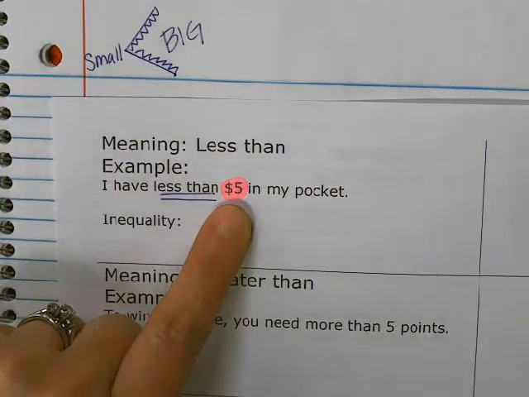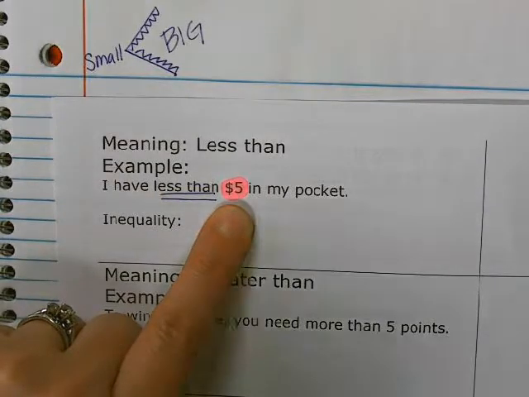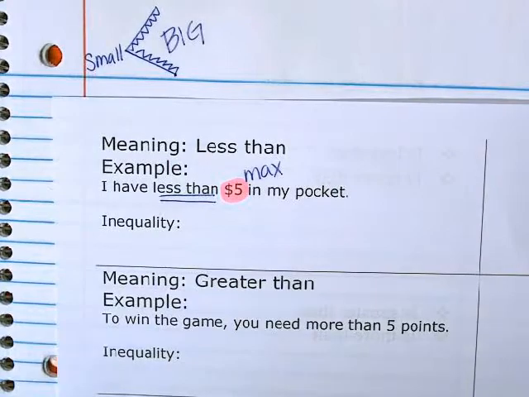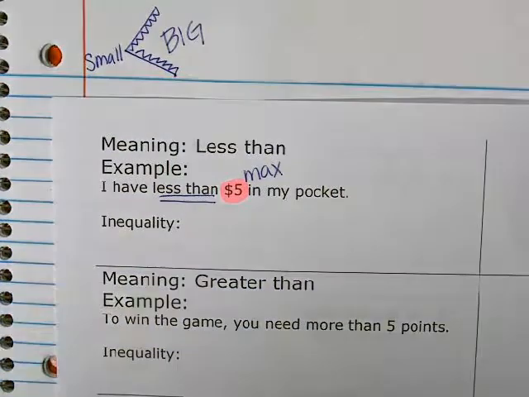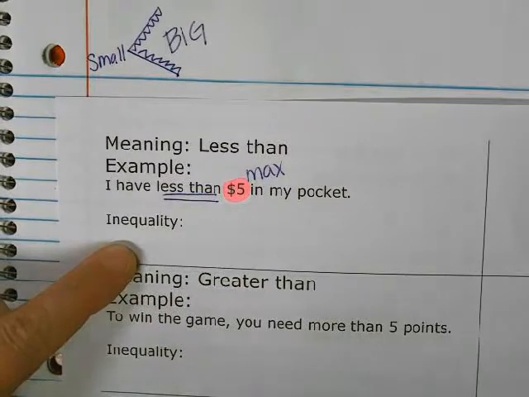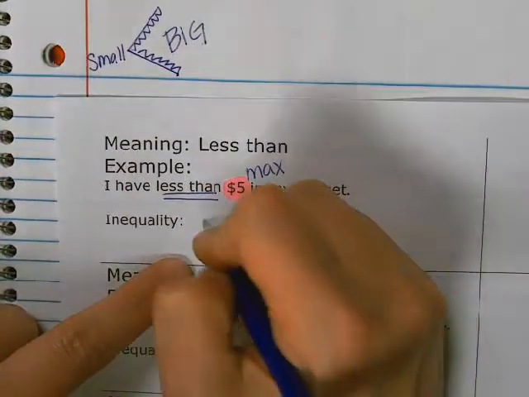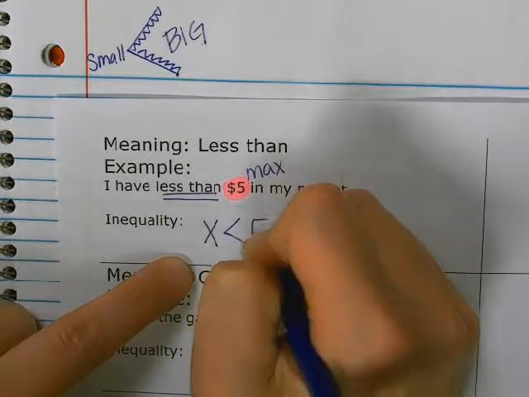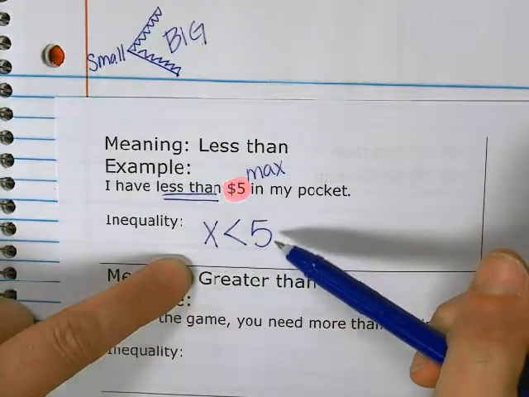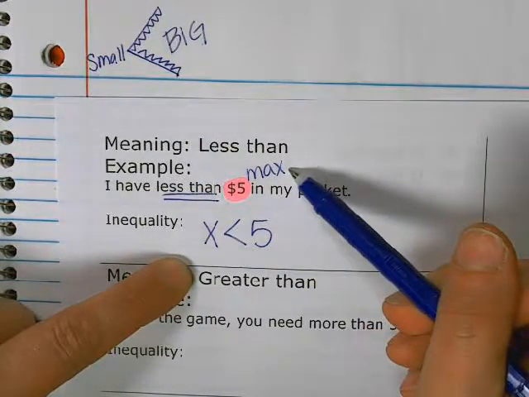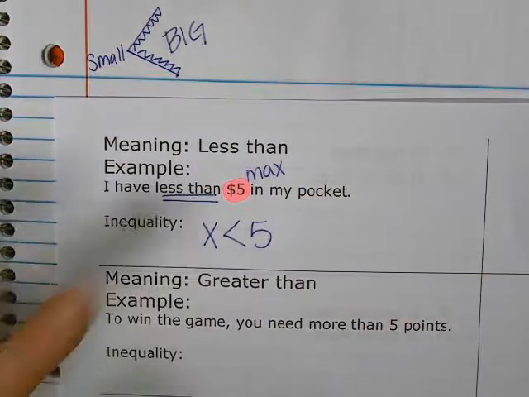I know that if I have less than 5, 5 has to be the most I can have in my pocket. So 5 is the maximum amount, okay? So my inequality that I'm going to write, remember the alligator always eats the bigger number, so I'm going to say x is less than 5 because the alligator always eats the bigger number and 5 is the most I can have. Does that make sense?